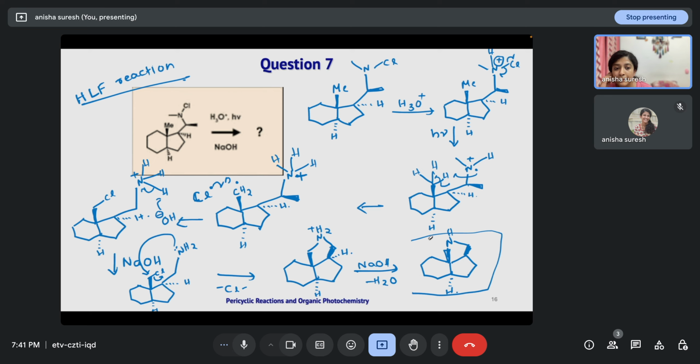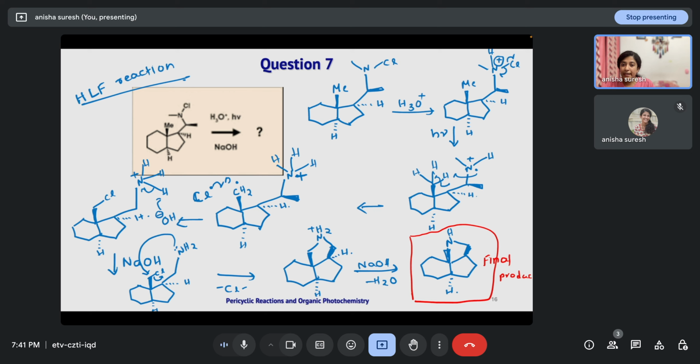Okay. So this is the final product that is formed in this reaction. So this is an example of Hoffman-Loeffler-Freytag reaction.